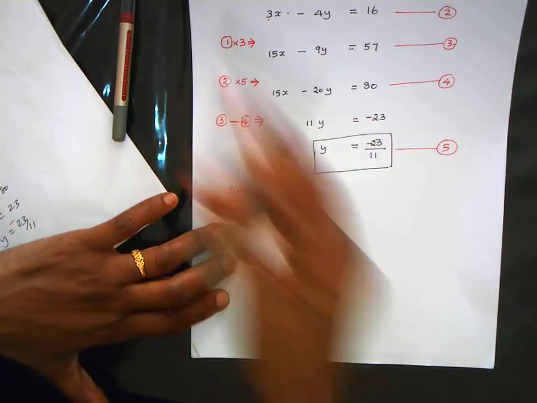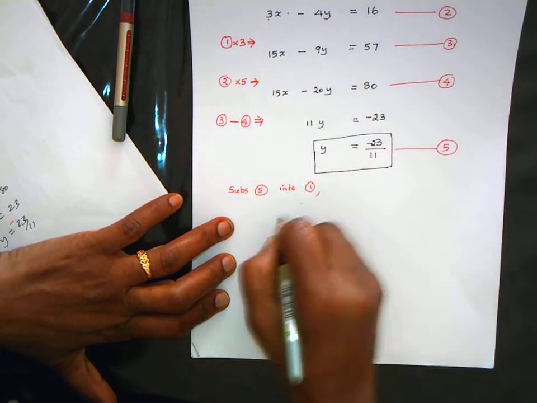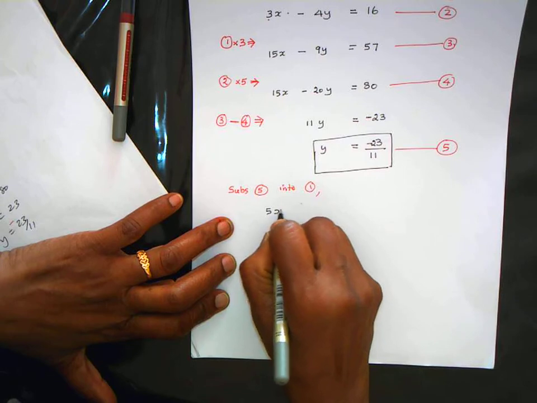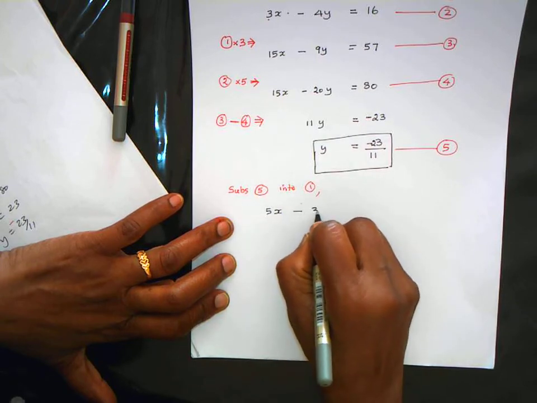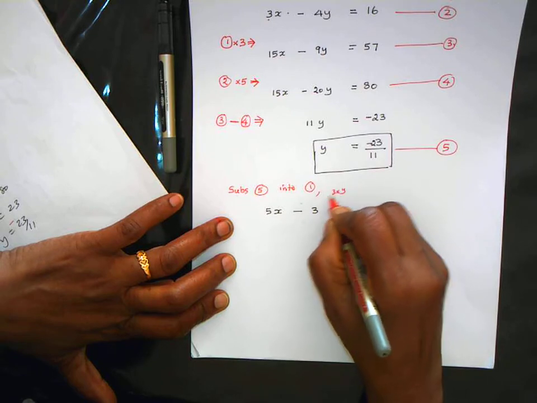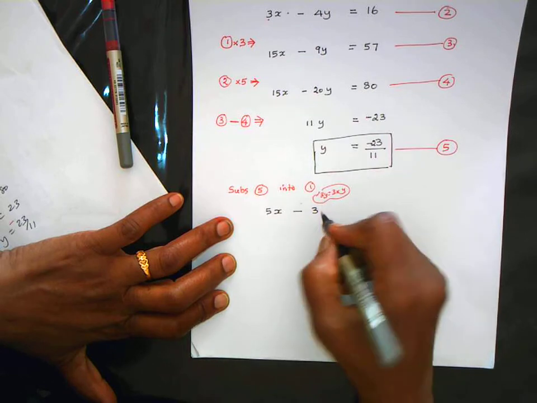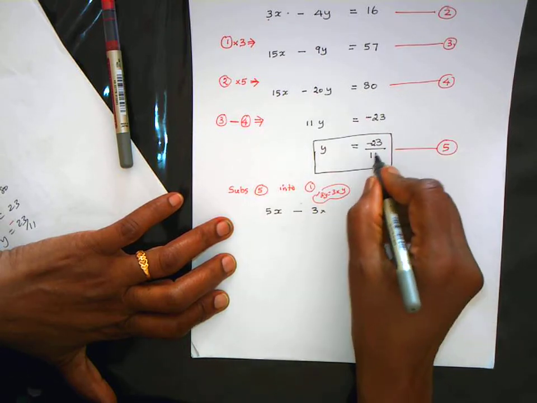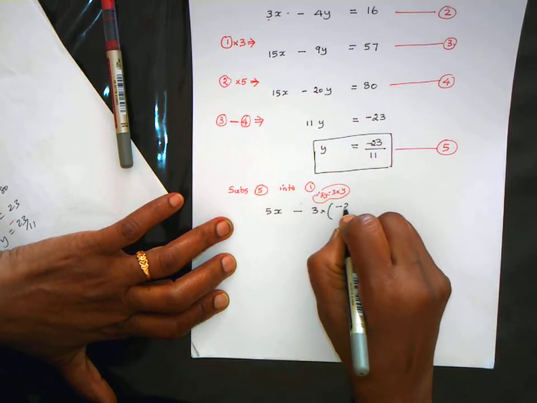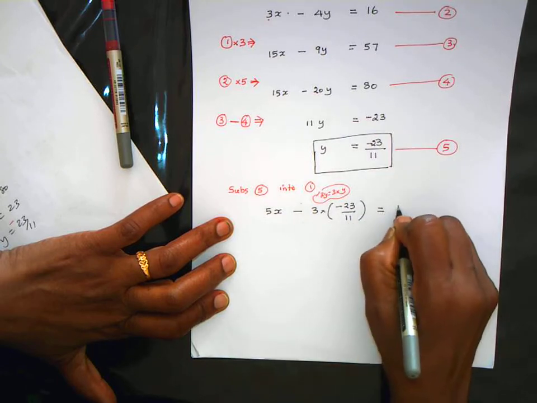Equation 1 is 5x take away 3y, and 3y means 3 times y. So 5x take away 3 times minus 23 over 11 equals 19.